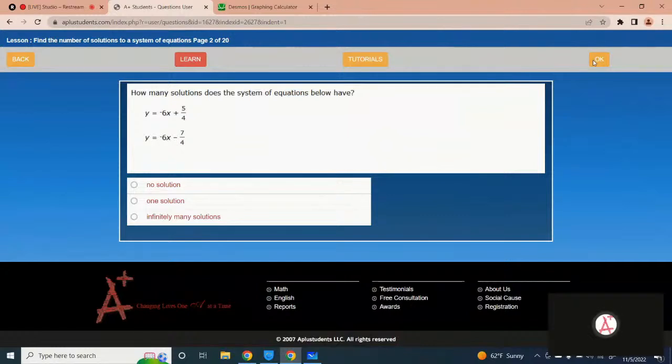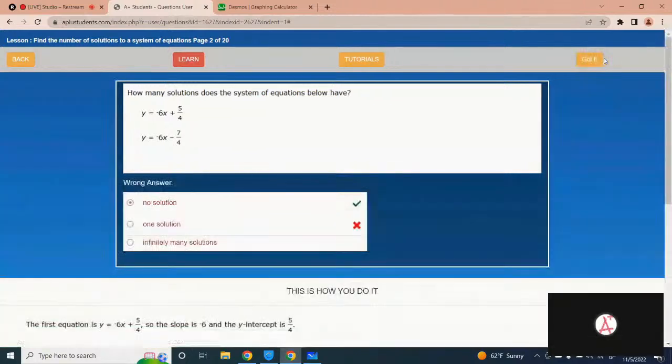So now both the equations have the same slope, but they have different y-intercepts. Got it? So when they have the same slope, that means the system has one solution. So the correct option is one solution, and then click on the OK button.